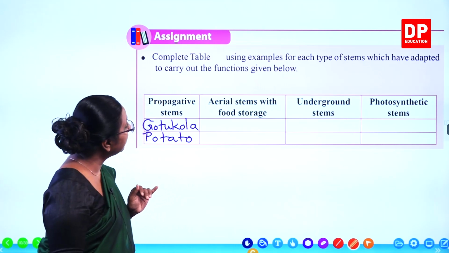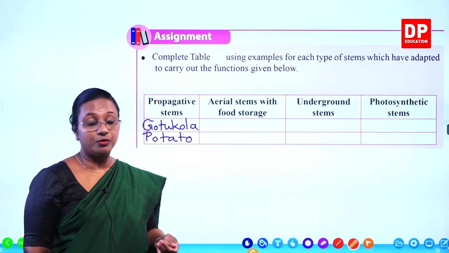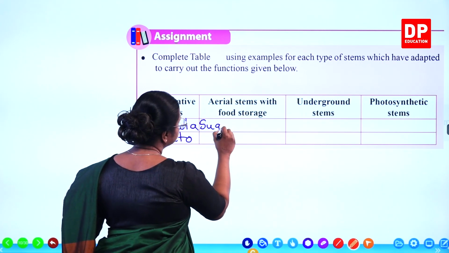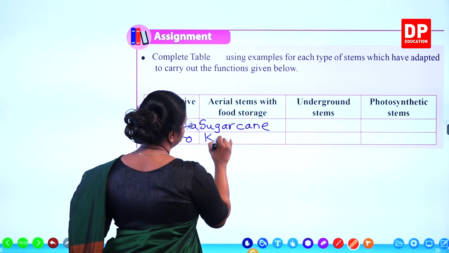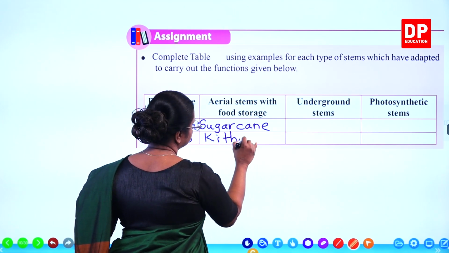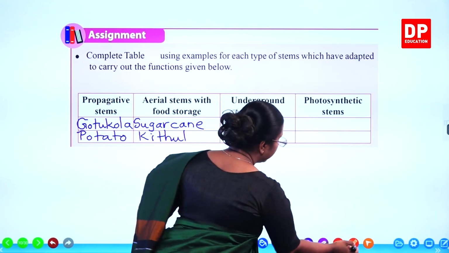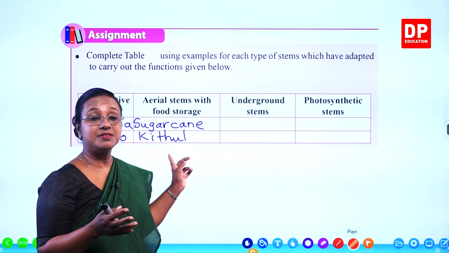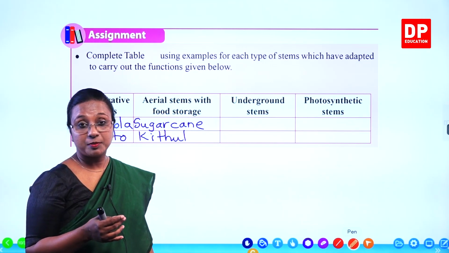Then we have aerial stems with food storage. That also you all know. What are the examples? Sugarcane, kitul. Then what is the next type? We have underground stems. Again, underground stems, we discussed many stems. I have written potato here for propagation.